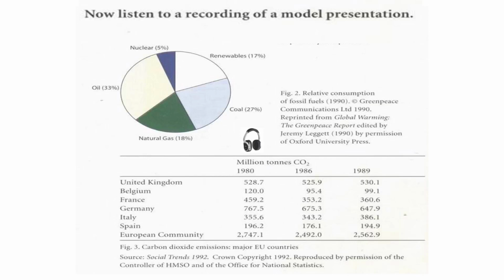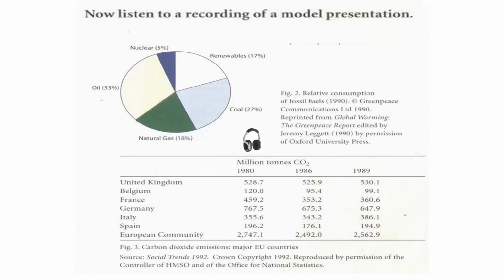Now this table shows CO2 emissions and compares different European Community countries over 3 different years. The first column is 1980, the middle column is 1986, and the last one is 1989.